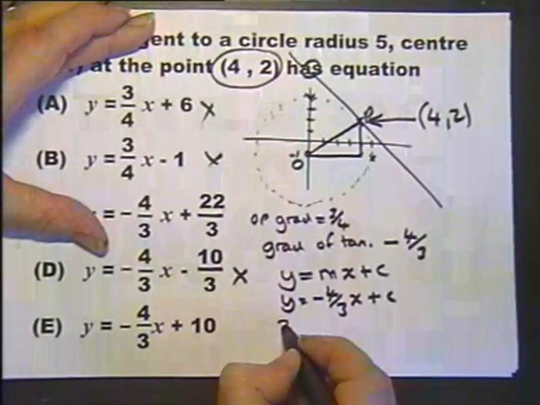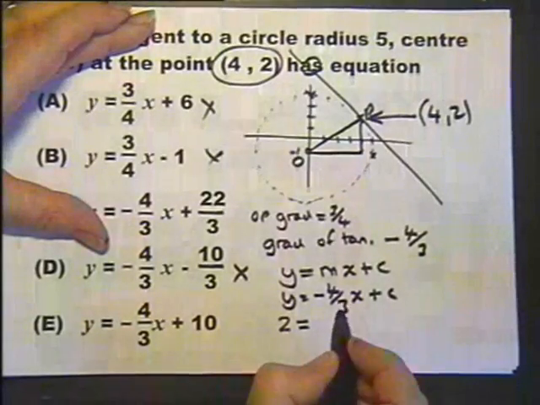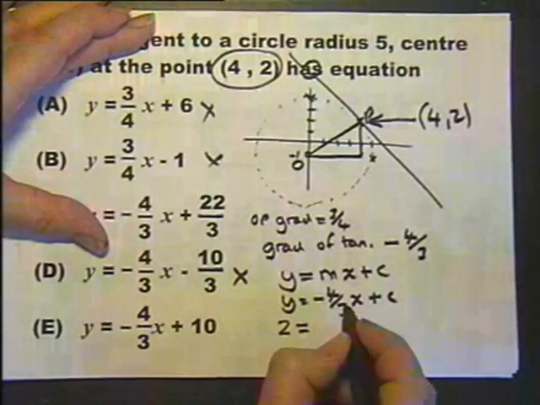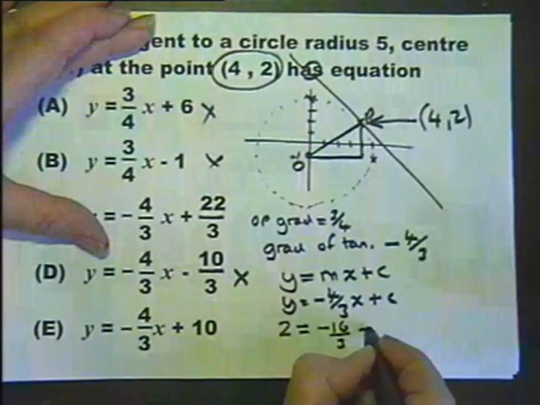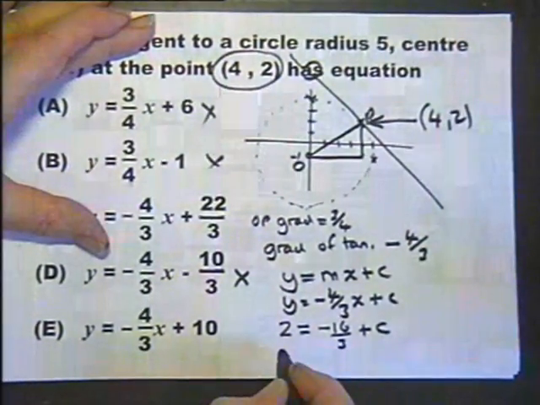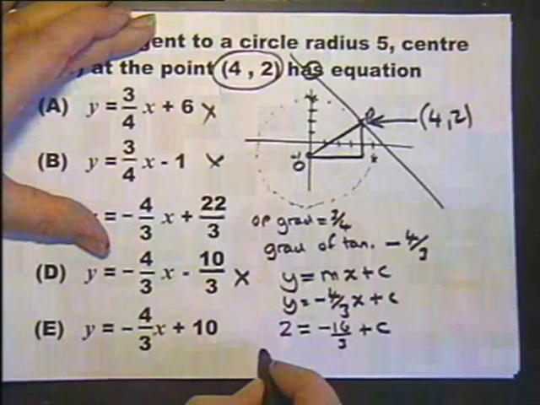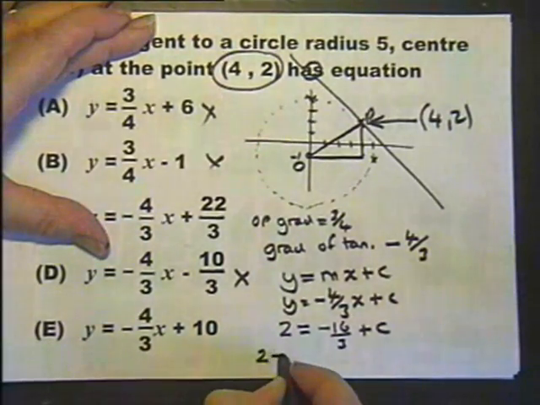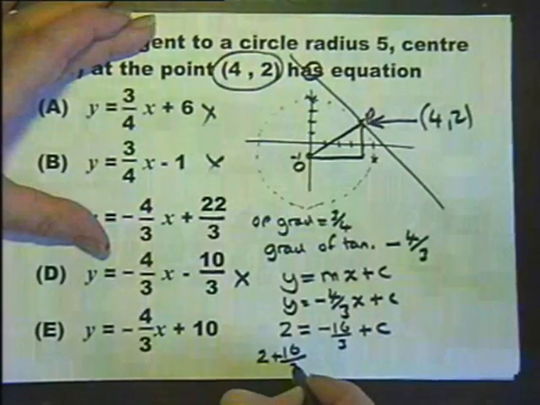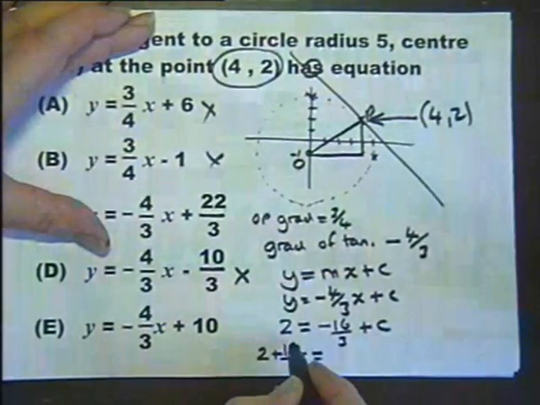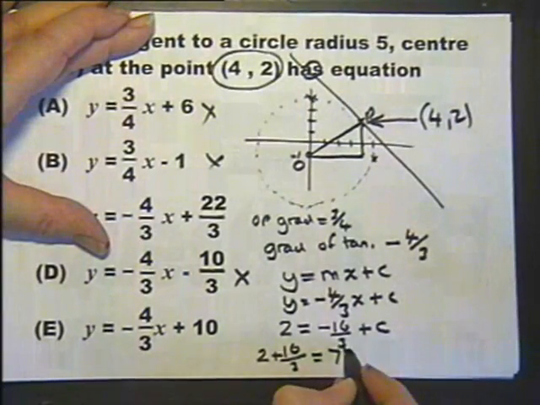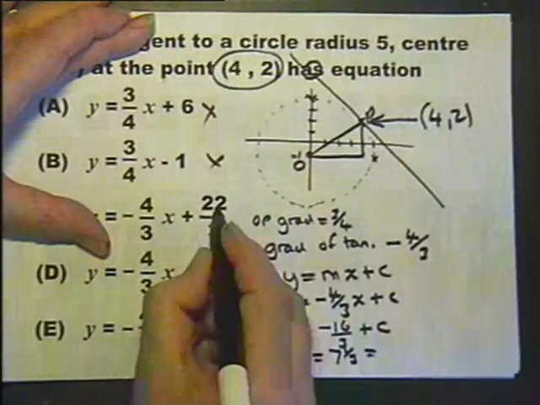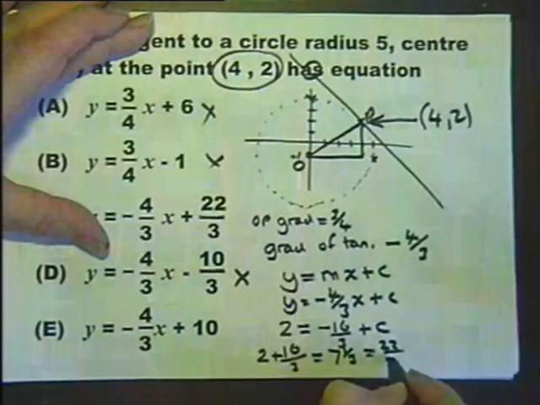So y is 2, x is 4, so that would be 4 4s is 16 over 3 plus C. So I'm going to add 16 over 3 to both sides, and that is the value of C. That's 5 1/3, so that's 7 1/3, which is in fact 22 over 3.